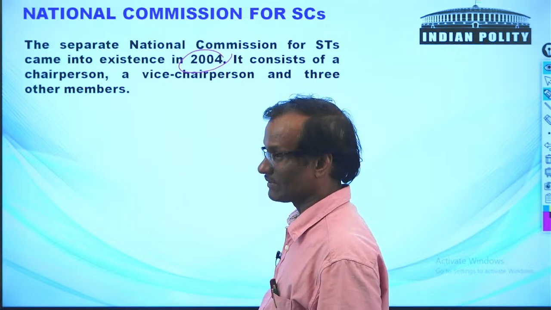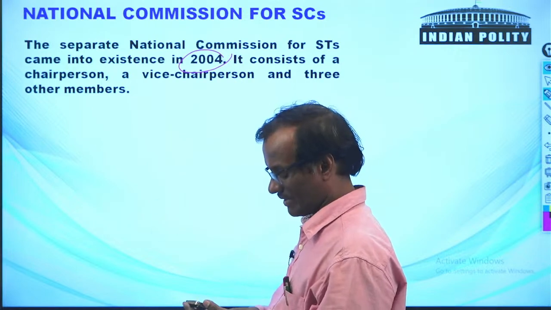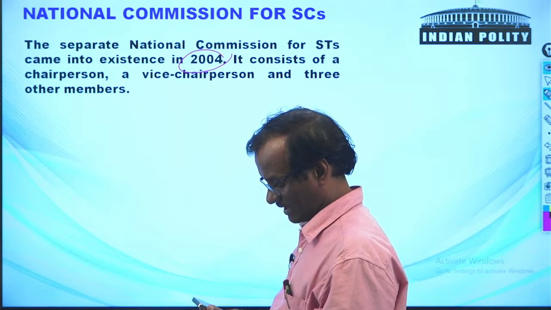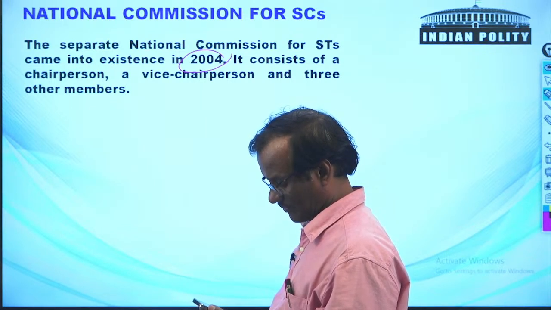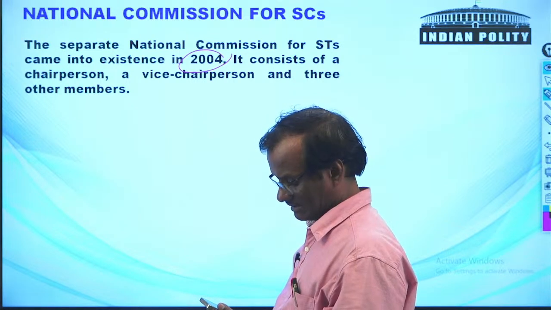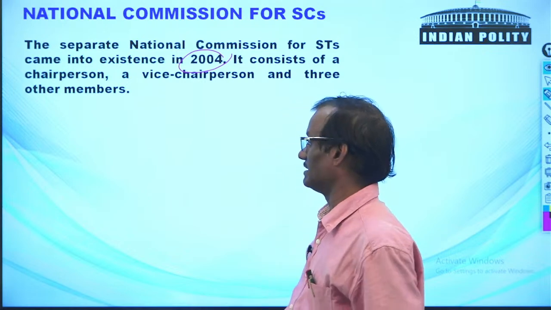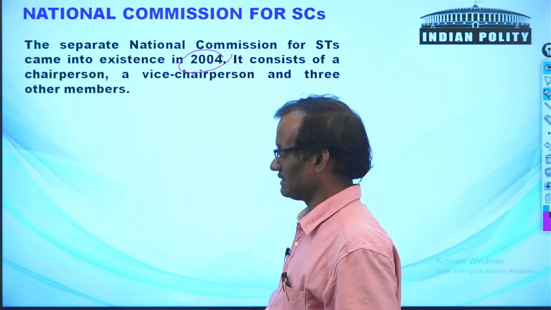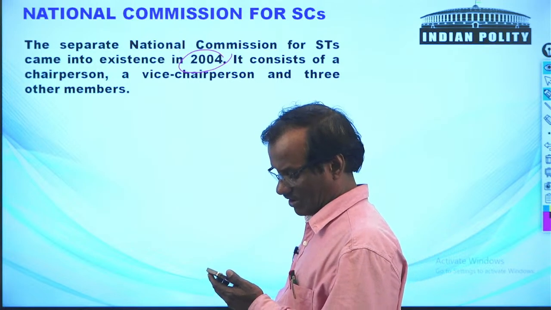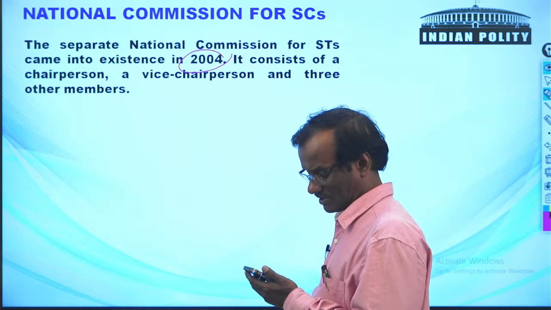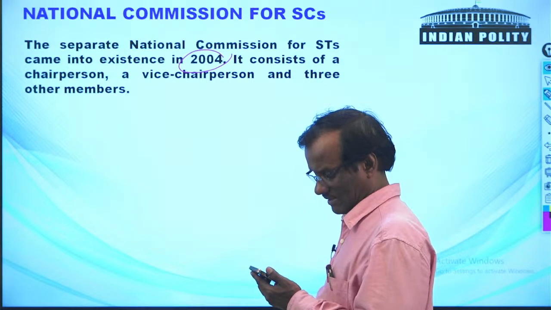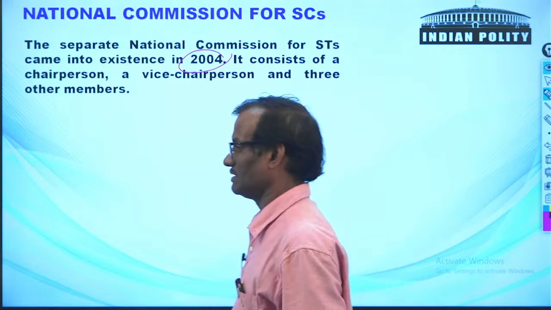So there are several matters you have to remember. First is 1965. In 1965, the Commissioner for SC and ST was appointed, as originally provided in the Constitution. In 1987, the government appointed a multi-member commission, while the office of the Commissioner for SC and ST also continued to exist simultaneously with the statutory committee.